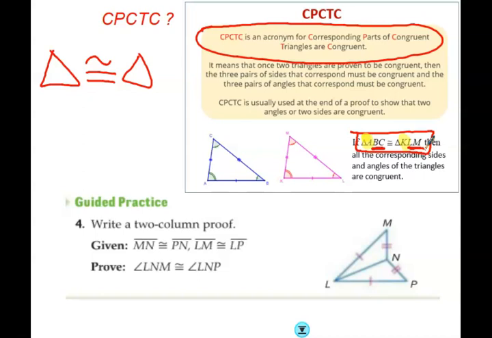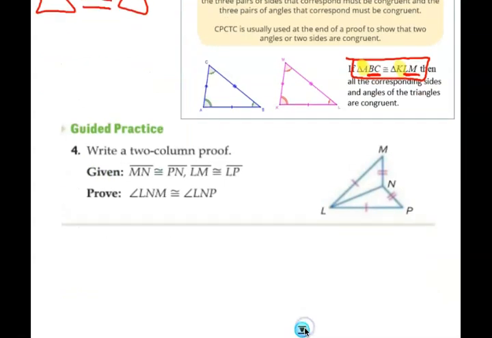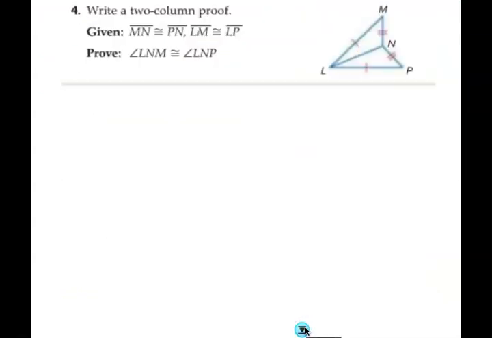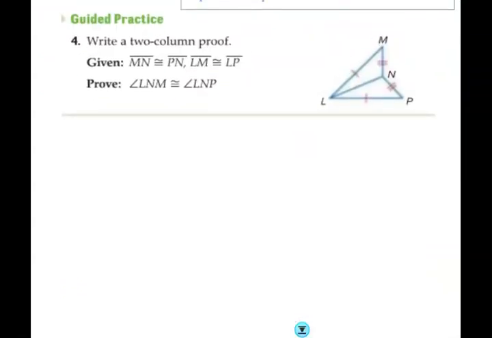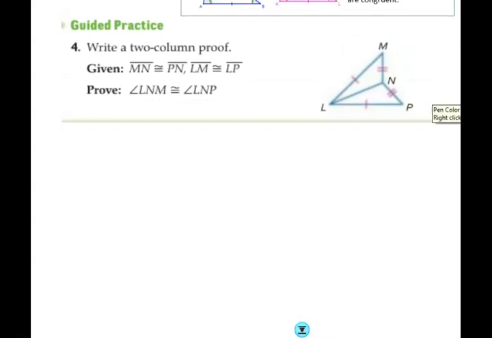So then you can make up the pairs and prove CPCTC. We should make it a song. CPCTC. All right, so what we're doing for this one, we are going to prove that these two triangles are congruent and then prove that these two angles are congruent using CPCTC.